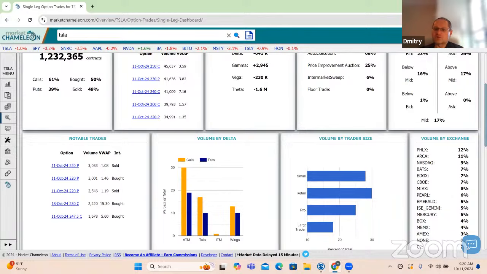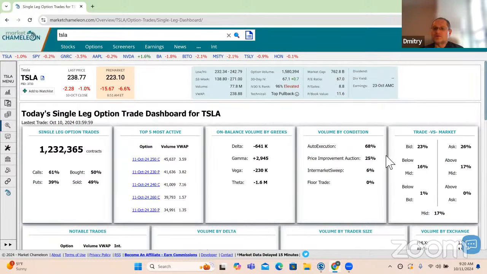Because remember, we talked about price improvements. 25% of Tesla's trades involved a price improvement. A price improvement auction, meaning that they potentially got a better price than you entered. Imagine, hey, I'm willing to pay $1.10, but you bought it for $1.05.